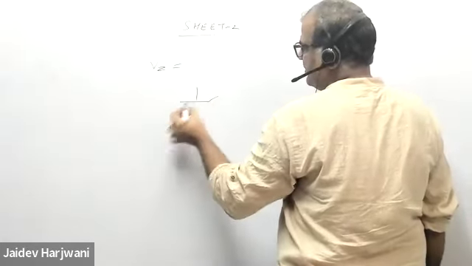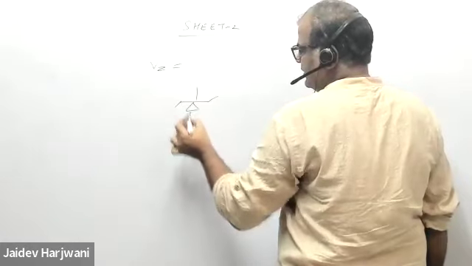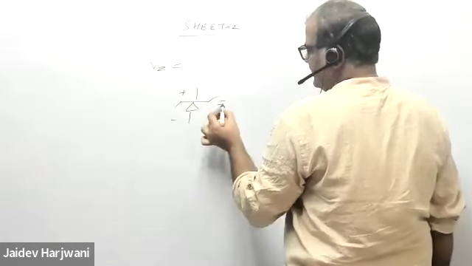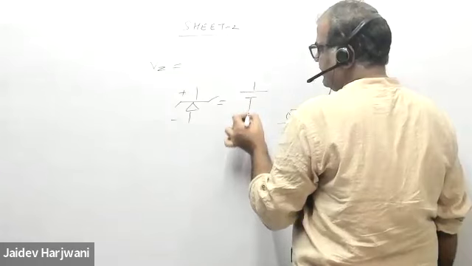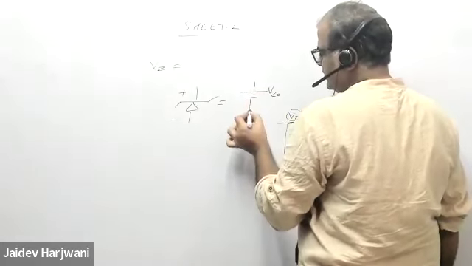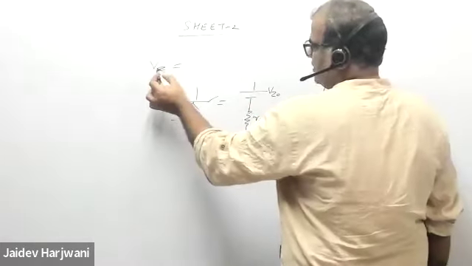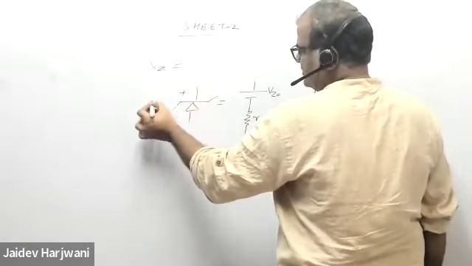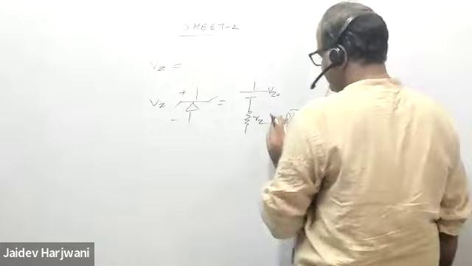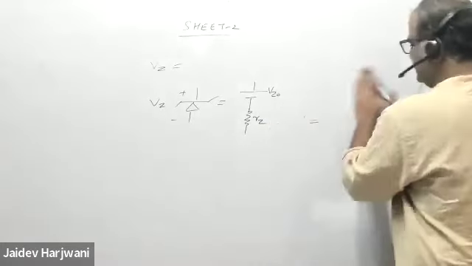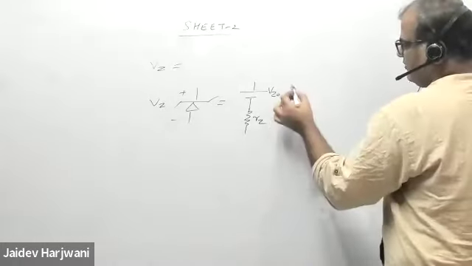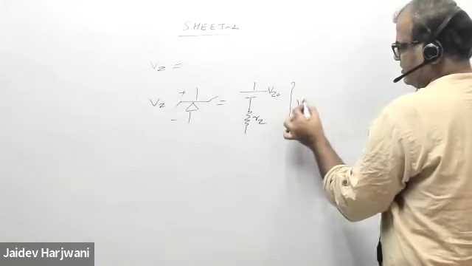This is my Zener diode, plus minus. Now I can replace this by a battery of VZ0 and a resistance RZ. Whatever voltage drop is there, this total will be your VZ.